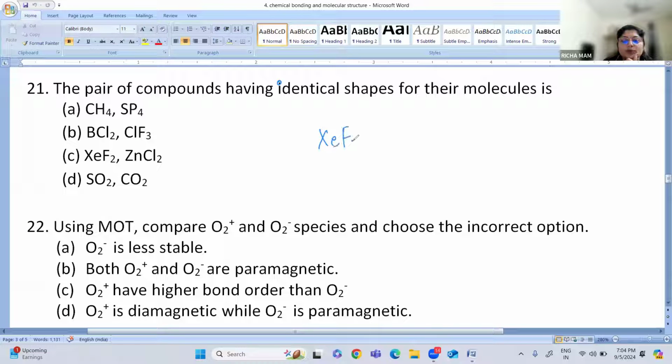XeF2. Okay, so XeF2 is a molecule which is having a linear shape.